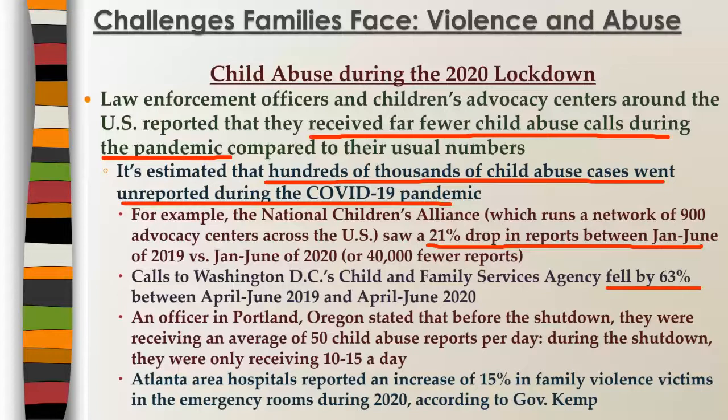So children weren't going to school where they saw their teachers and their counselors, who are the most likely people to report child abuse. And all of a sudden, we see this huge drop during 2020 of child abuse reports. So it's most likely that child abuse did not actually fall, but children don't tend to report their own abuse.